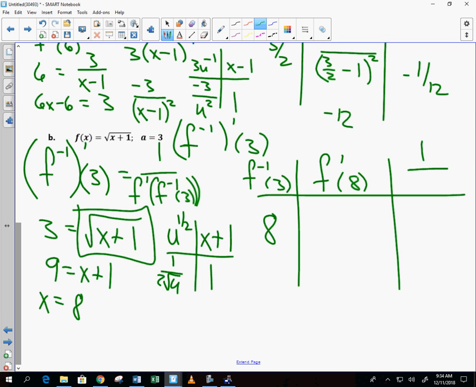So it's 1 over 2 roots of 8 plus 1. What is the root of 8 plus 1? 3 times 2. We get 1 over 6. So what goes in here? 1 over 6 is 6.